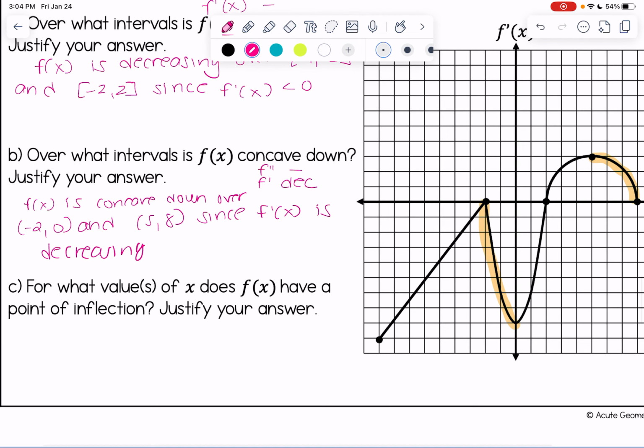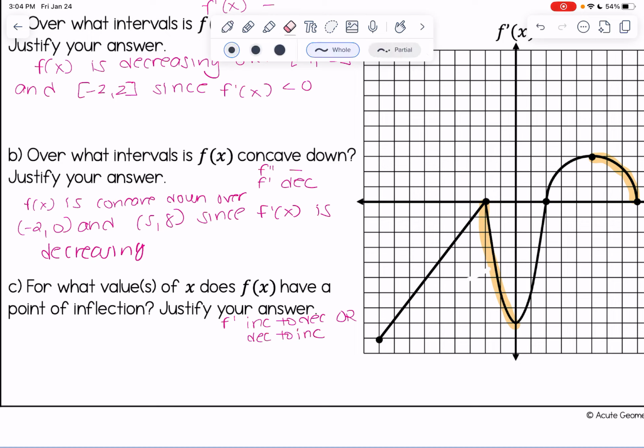And finally, for our last question, it says, for what value or values of x does f of x have a point of inflection? So a point of inflection is where the graph changes concavity. So that would mean if I tie this to the first derivative, that would mean the first derivative goes from increasing to decreasing or from decreasing to increasing.